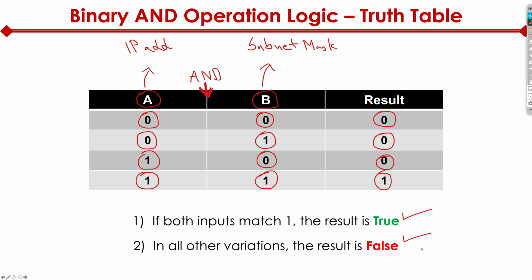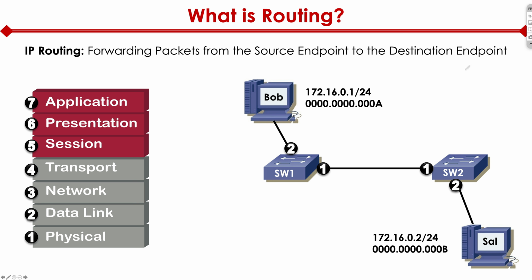So that's how the binary bit logic works. Now, under this context, let me take you back to the first topology that I was showing you earlier to help crystallize how this works. Bob wants to send an email to Sal, right?